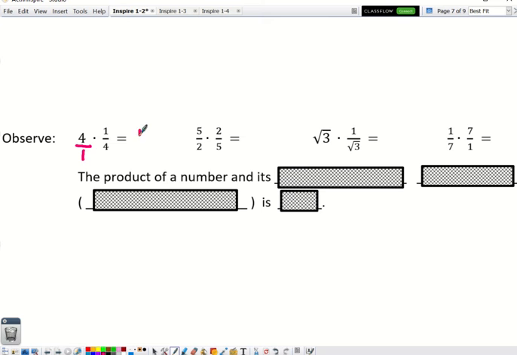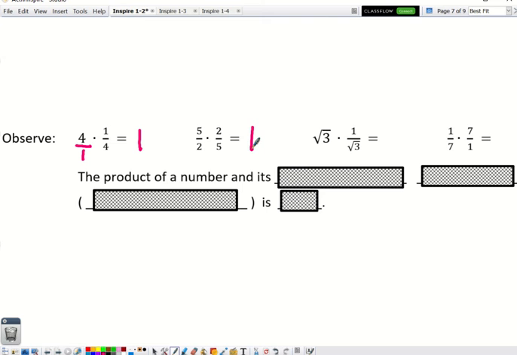But the bottom line is you get 1. And when you do 5/2 times 2/5, you could talk about how this is like 10/10, or you could do some canceling even before you multiply the fractions, whatever. But the bottom line is you're going to get 1.